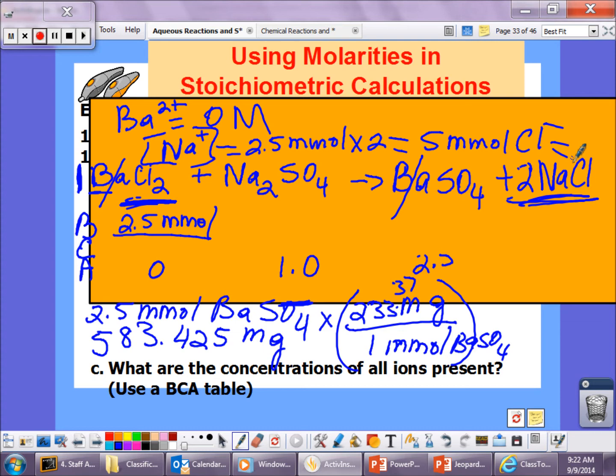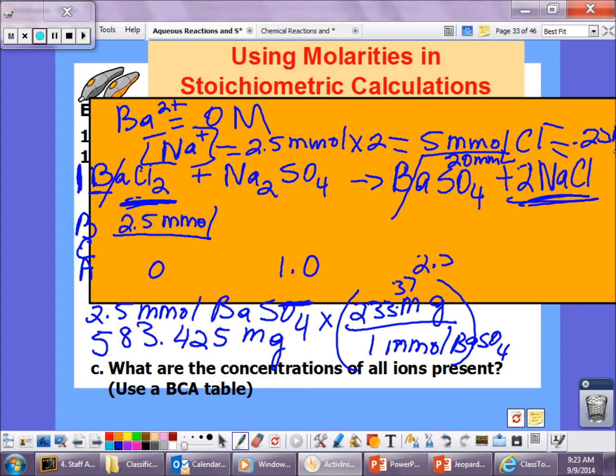So it is 5 millimoles divided by 20 milliliter total solution, and it gives me what? 1/4. 5 divided by 20 gives you 1/4, which is 0.25. Okay, 0.25. What I just did, that mental math, is what you will end up doing a lot on your multiple choice, because there is no calculator. So I know 5 is 1/4 of 20, and I know 1/4 is 0.25. So get used to this.